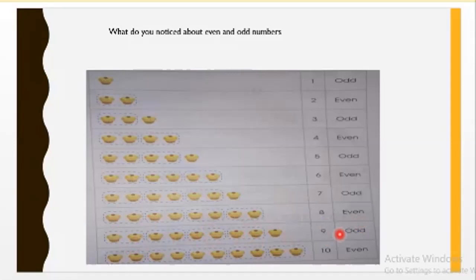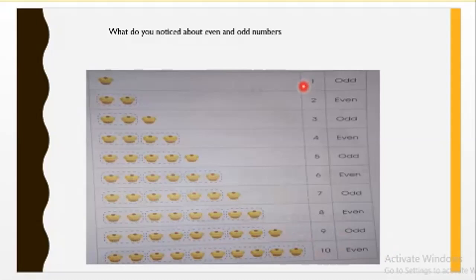And in the number 10, yes, we make all the groups equally paired into a group of 2, so 10 is an even number.